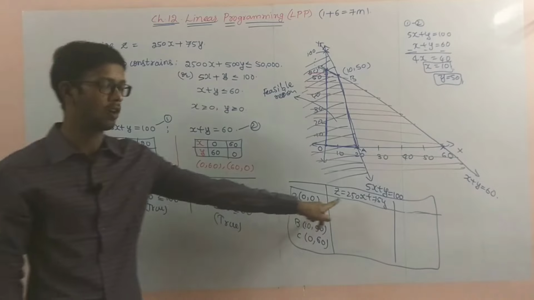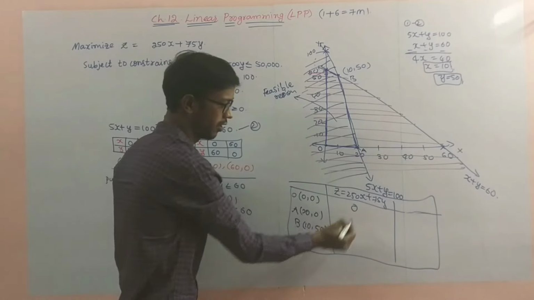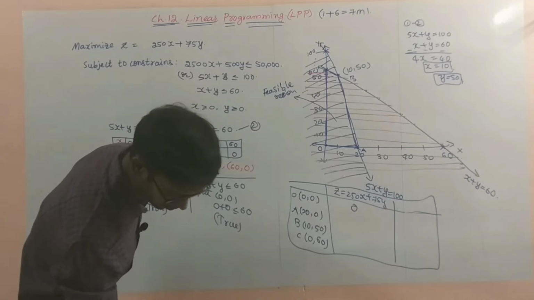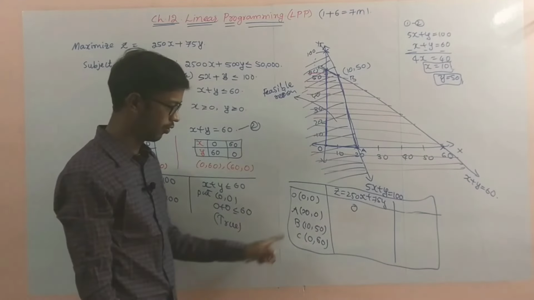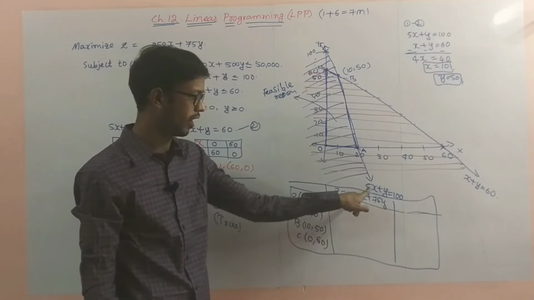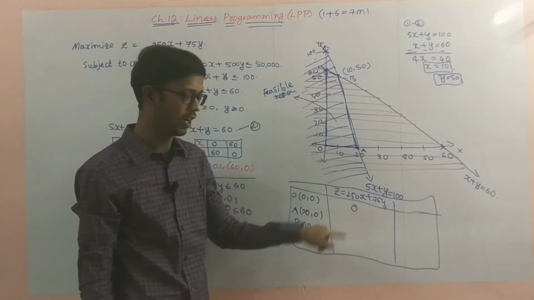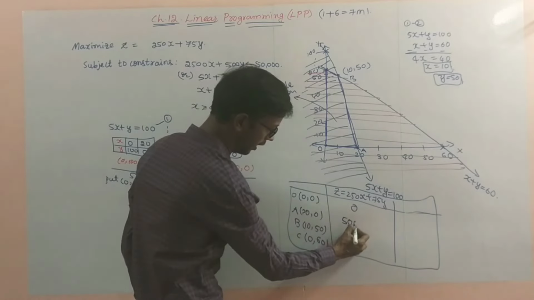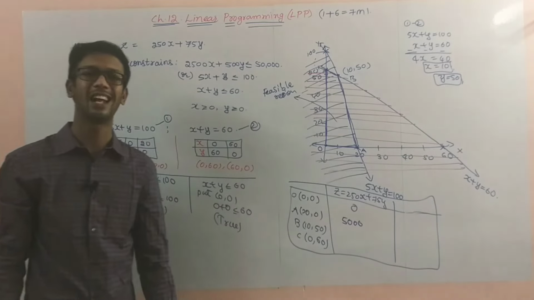So now substitute 0 comma 0. If you are substituting, this Z value is 0. Next one, if you are substituting 20 comma 0, 20 into 250 is 5000. Next, 10 comma 50.